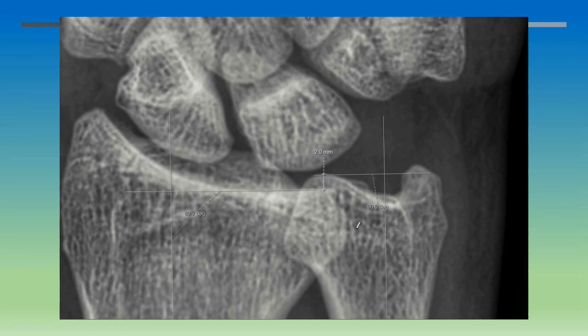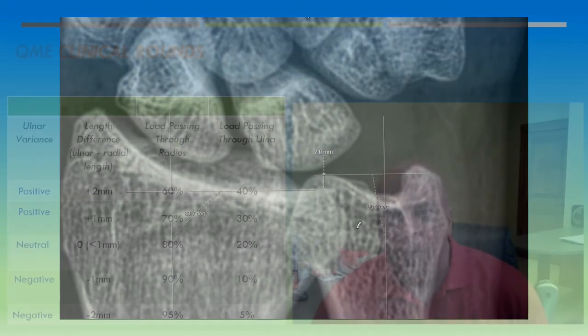Okay, so let's take a look at a couple of models that depict these various possible configurations of the ulnar variance, being the positive ulnar variance, the neutral or zero ulnar variance, and the negative or minus ulnar variance.